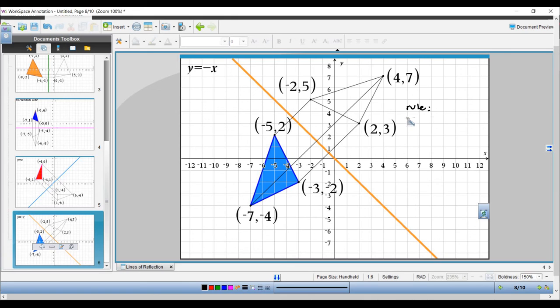Isn't this exciting? So this is a rule. This is a reflection across the line. I haven't been putting the line, have I? A reflection across y equals the opposite of x. Interesting, it's the opposite of x.